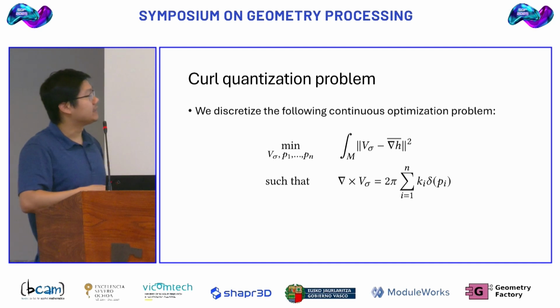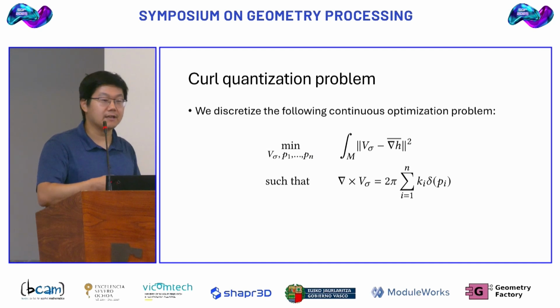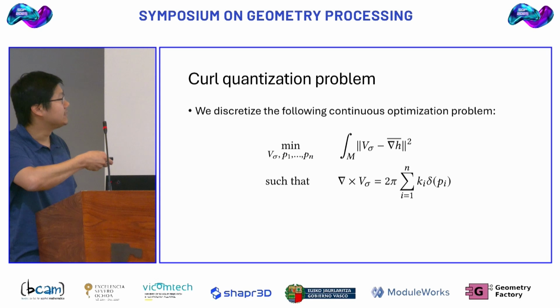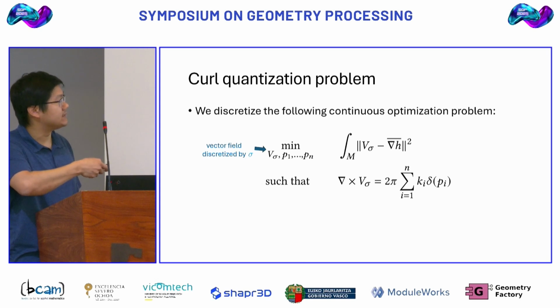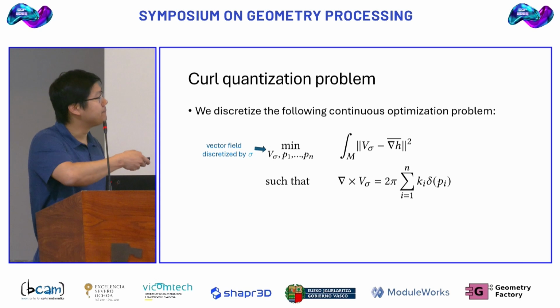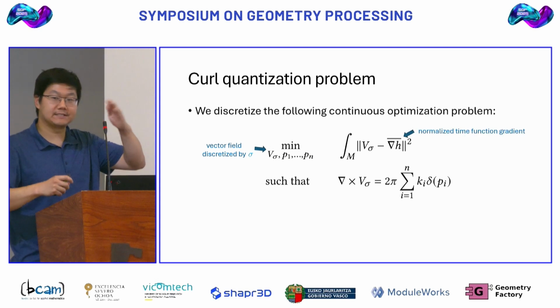So the high-level idea is that we discretize the following continuous optimization problem. The main continuous variable here is V sigma. This is the vector field that is implied by the spinning form. Essentially, it's the stripe pattern. And what you're trying to do is match the normalized time gradient, right?